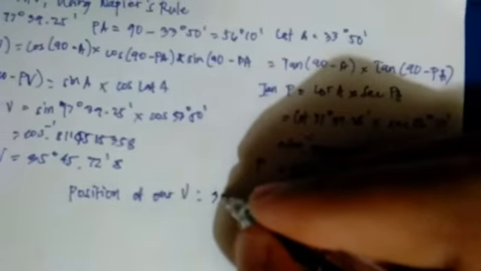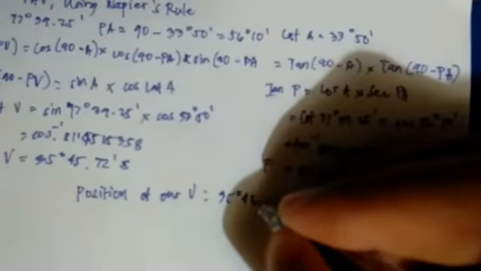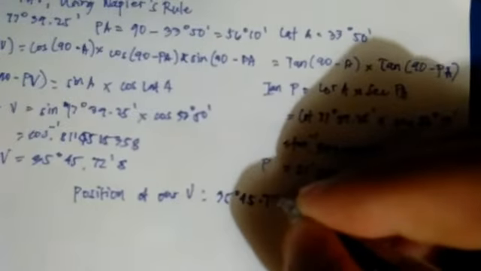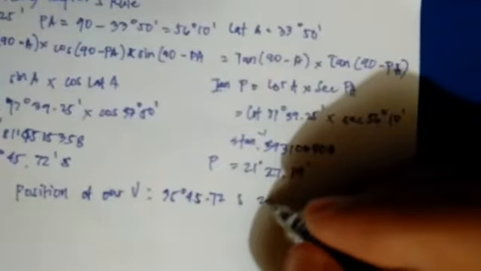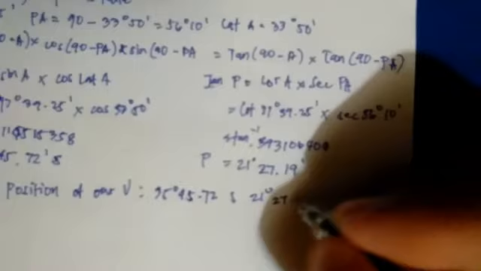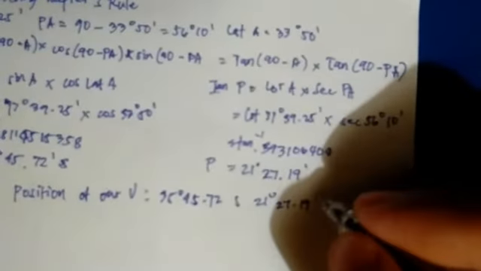So this would be the position of our vertex: 35 degrees and 45.72 minutes south, and 21 degrees and 27.19 minutes.